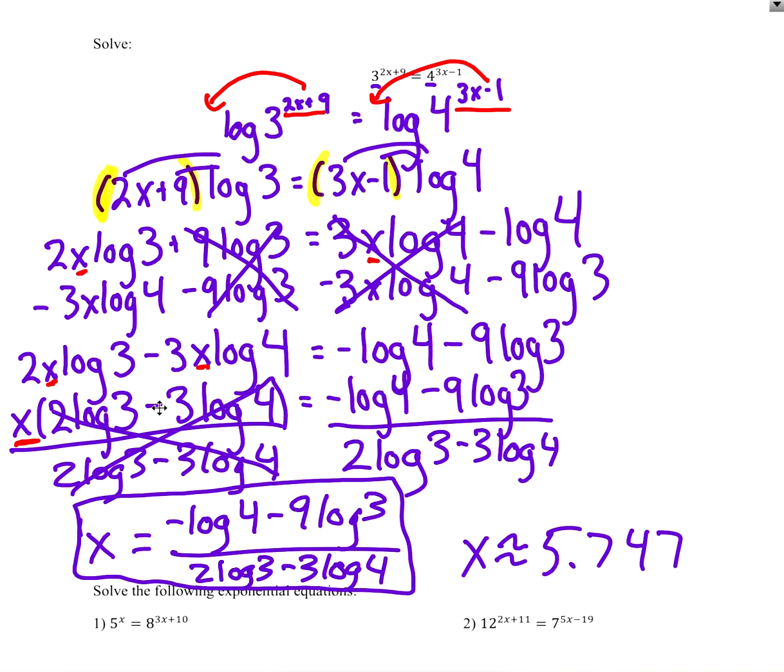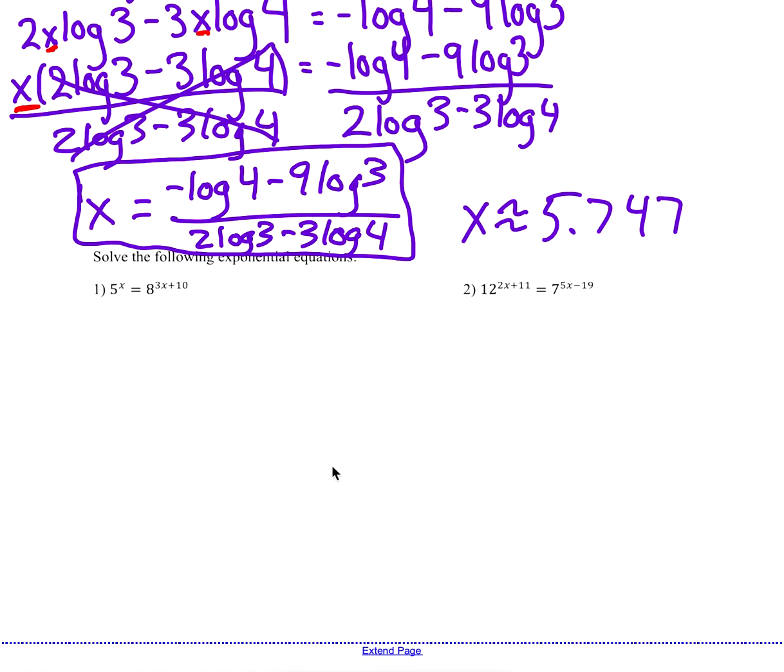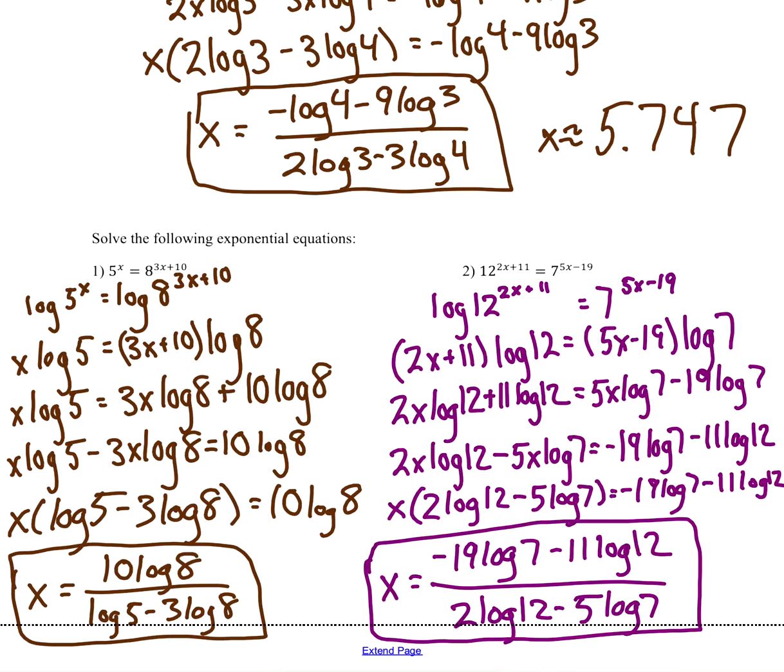I want you guys to take your time, do 1 and 2, pause the video, and play it once you finish 1 and 2. So for 1 and 2, what you should notice is that they're very similar processes.